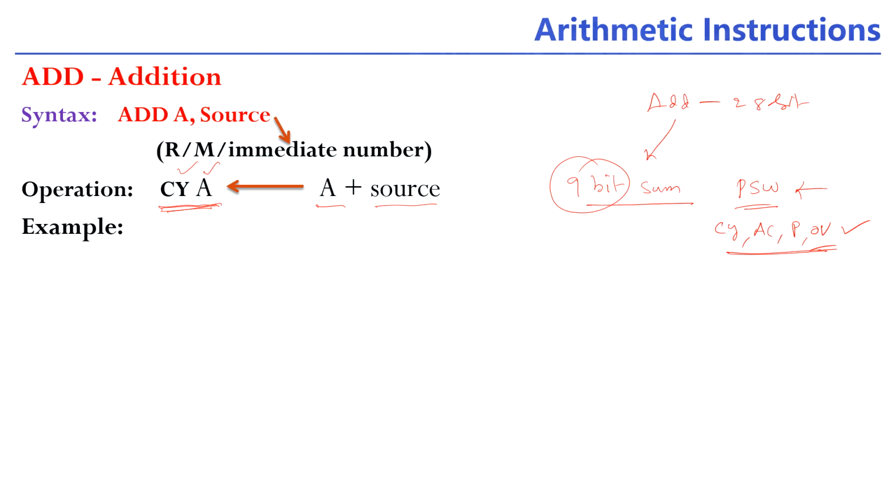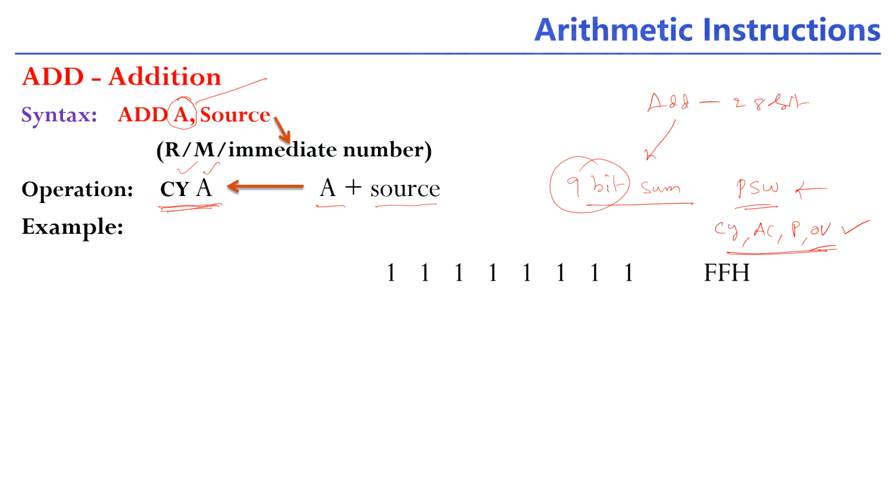And one more important thing, for all arithmetic and logical operations, accumulator is the destination. So that's why the controller is called an accumulator based microcontroller.